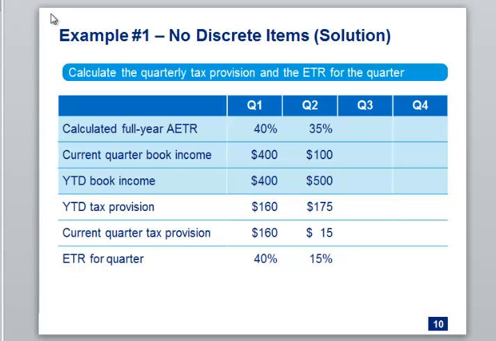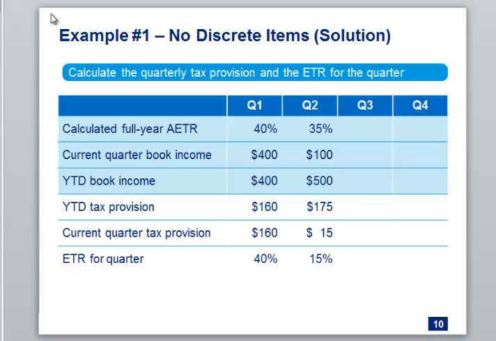So that means I only have to book 15 more in Q2 to get my year-to-date provision of 175. But now, if I look at my Q2 10Q, the effective tax rate somebody's going to see for Q2 is going to be a 15 expense over 100 of profit. So my Q2 rate, even though I didn't calculate my Q2 rate to compute my provision, the Q2 rate you see when you just look at the financial statements will be 15%.